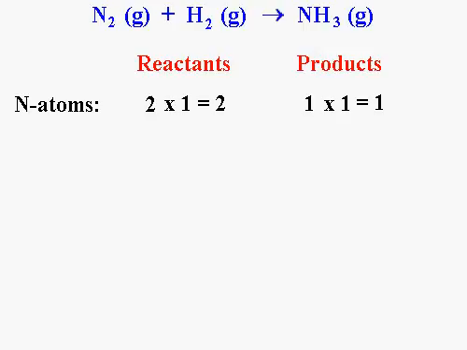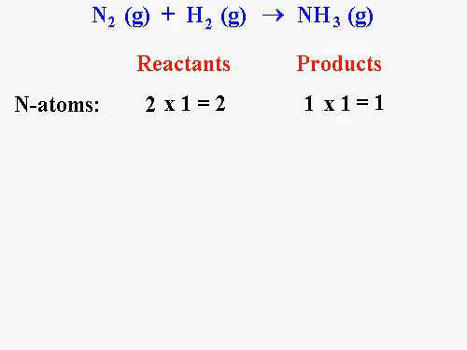I can't change the chemical nature of the molecules in the chemical reaction, so I can't change the subscript, but I can change the number of those molecules that react. 1 molecule might react, 2 molecules might react, 3 molecules might react. Those things I can change. So I've got to balance this equation by changing the numbers that appear to the left of the chemicals in the chemical equation. How can I do that in this chemical equation?